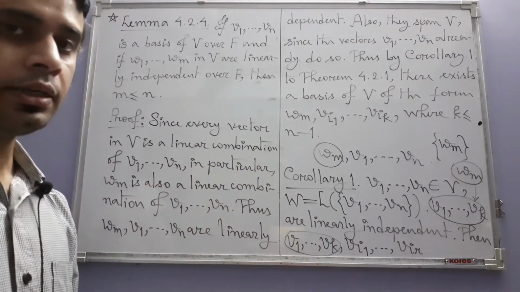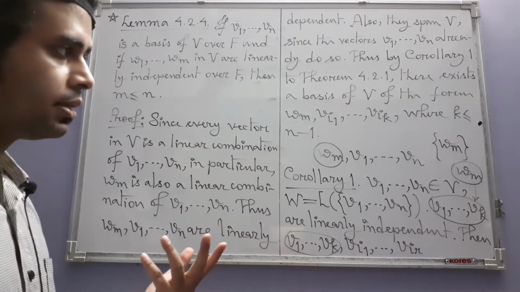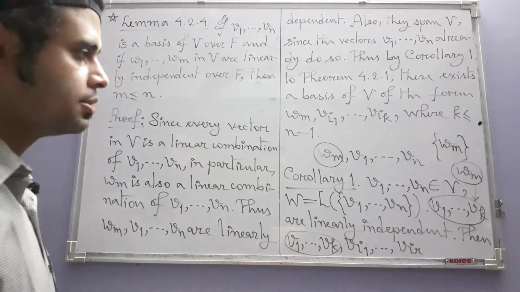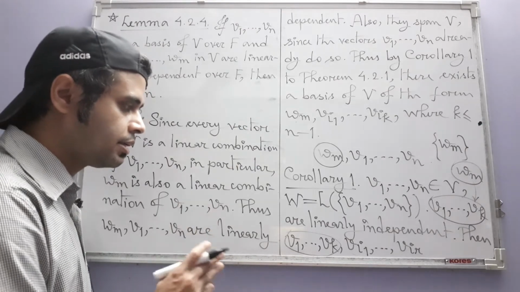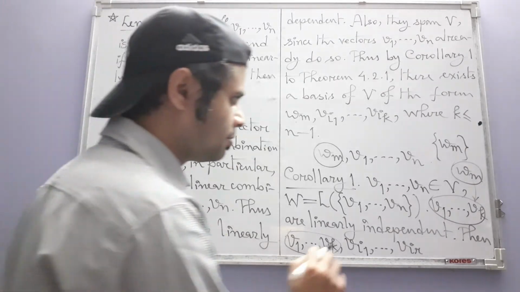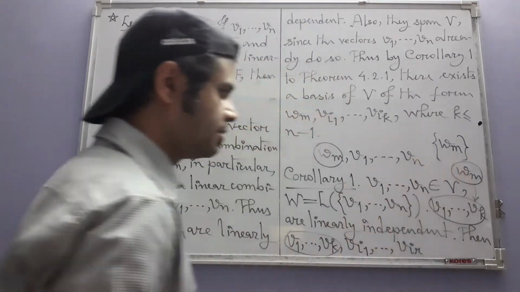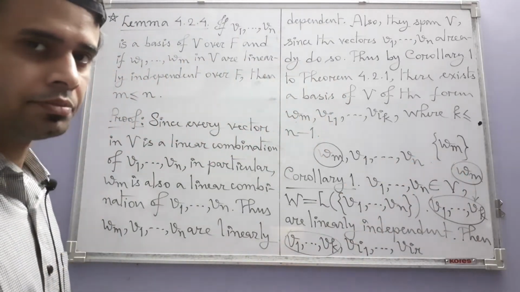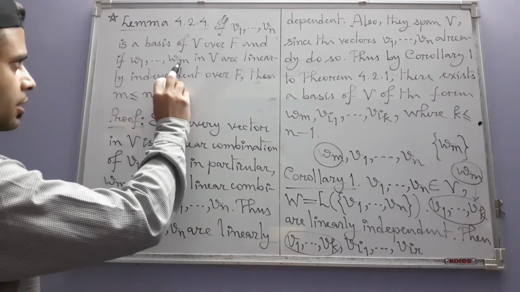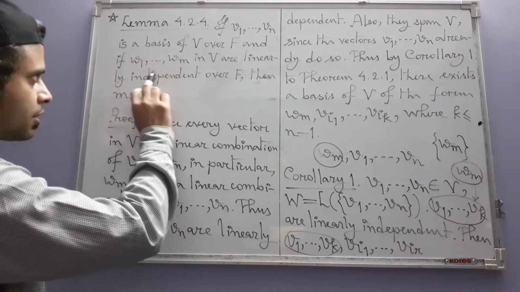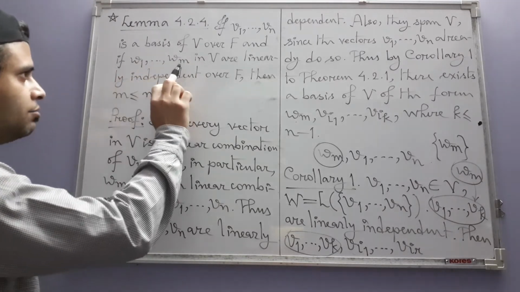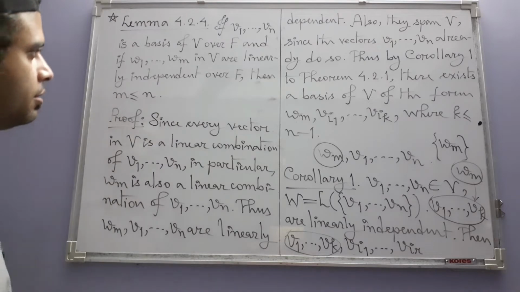It is linearly independent. Now, when is a set consisting of a single vector linearly independent? Precisely when the vector is a non-zero vector. Is that the case? Yes, because the Wm is itself coming from a set of vectors which are given to be linearly independent.